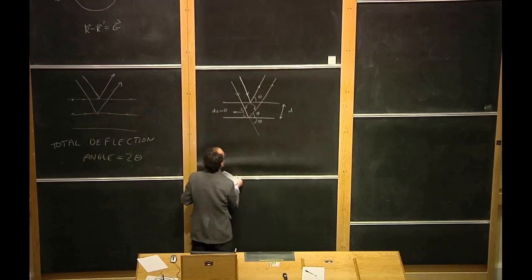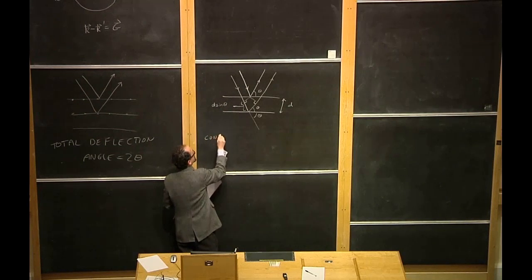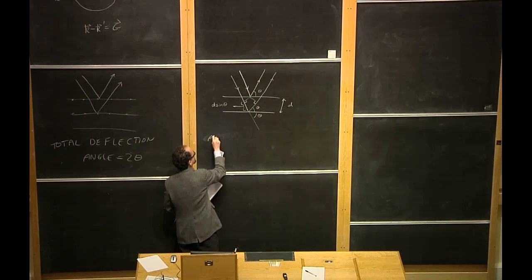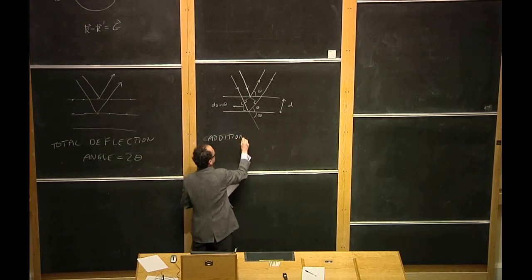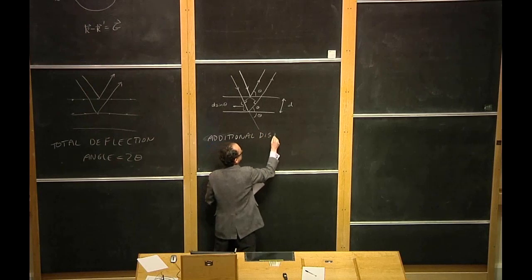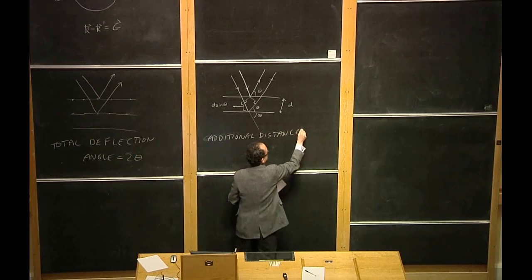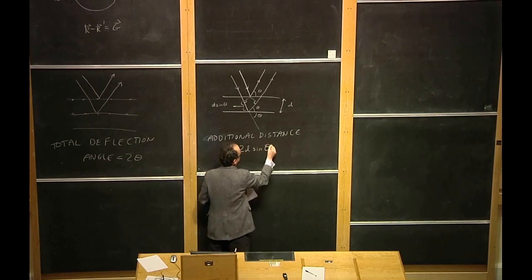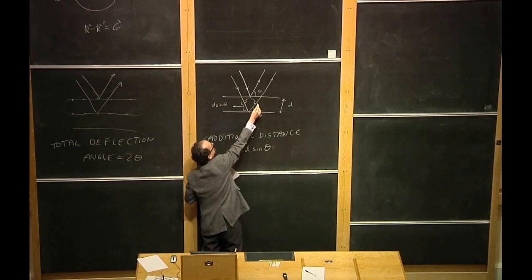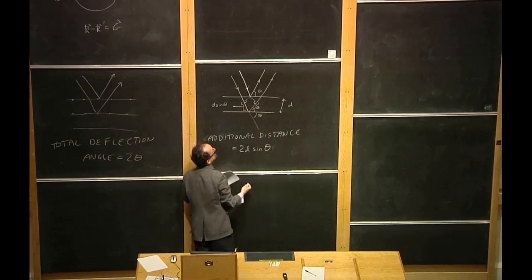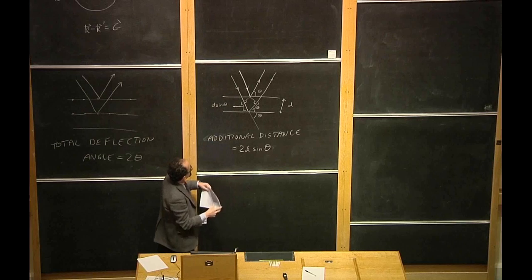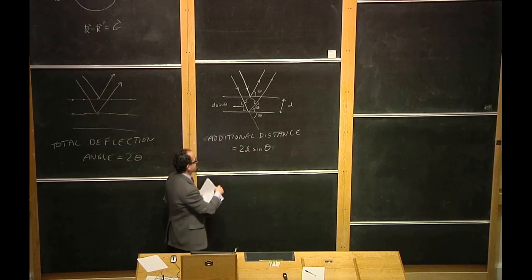So maybe I'll write this first. The additional distance is then 2d sine theta. It's d sine theta on this side and then another d sine theta on that side. So the additional distance taken by the wave that reflected off the second plane is 2d sine theta.